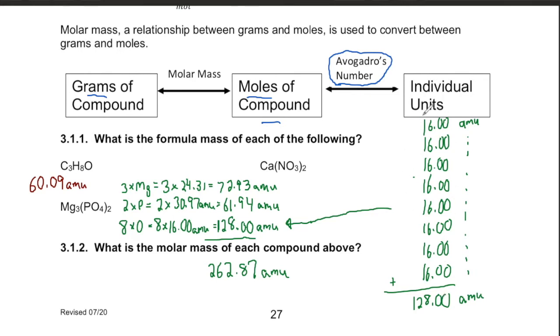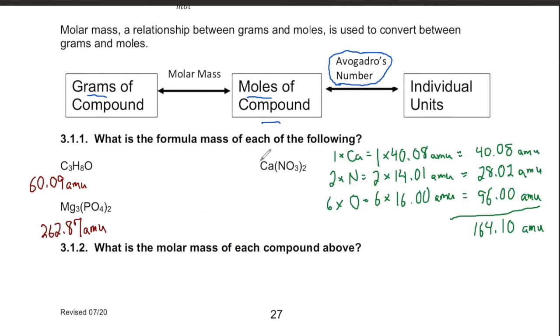And yes, I've added up 8 16.00 values, and so I can still keep a number that goes 2 past the decimal, because each of the things that I'm adding up is going 2 past the decimal. So it's a little bit different than a significant digit multiplication rule. We're just adding up all of these things. Most of the things that we're adding up go 2 places past the decimal, and so our results can all be 2 places past the decimal.